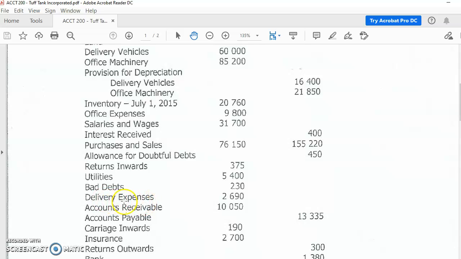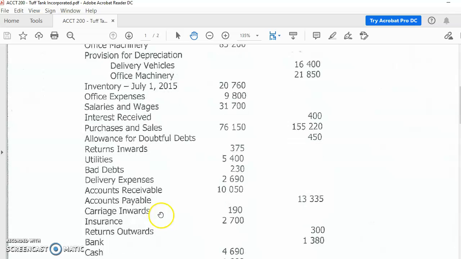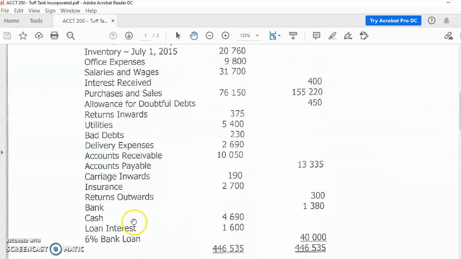This is, as it speaks for itself, a selling and distribution expense. And we have also our insurance. So we have some insurance here, and the insurance is paid by the company. So that is also an administrative expense.